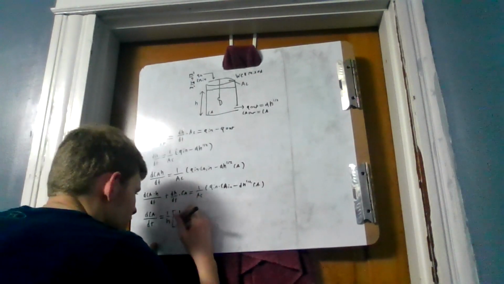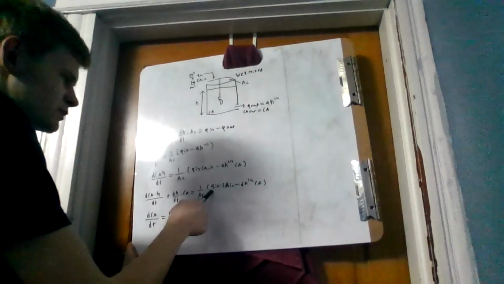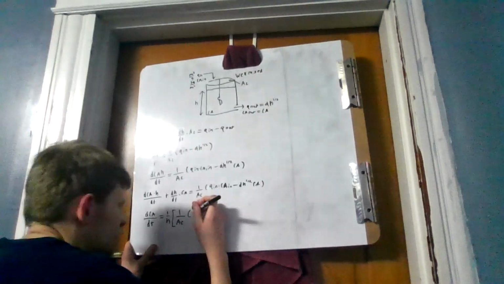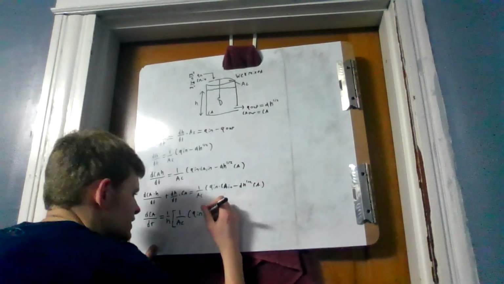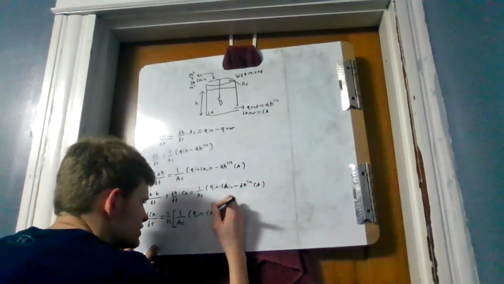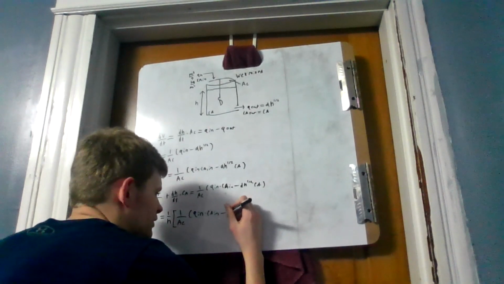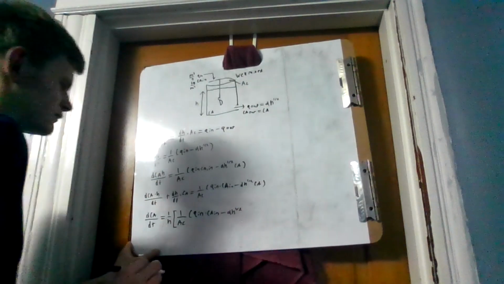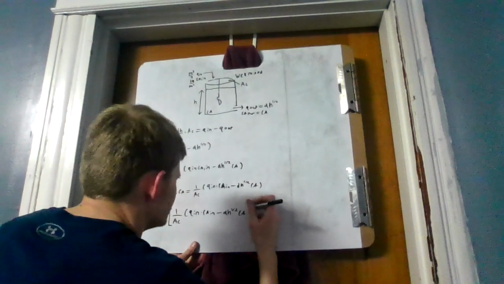So we will then have our cross-sectional area, and then we'll just repeat this whole equation up above here. So we will then have our flow rate going in times our concentration of the inlet, minus our alpha value multiplied by the square root of the fluid level, times our concentration of the tank.